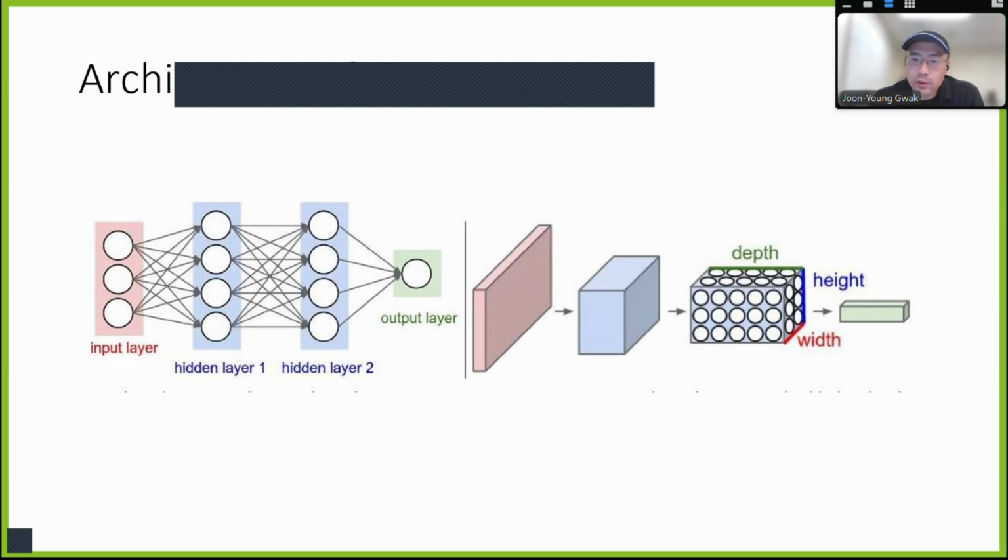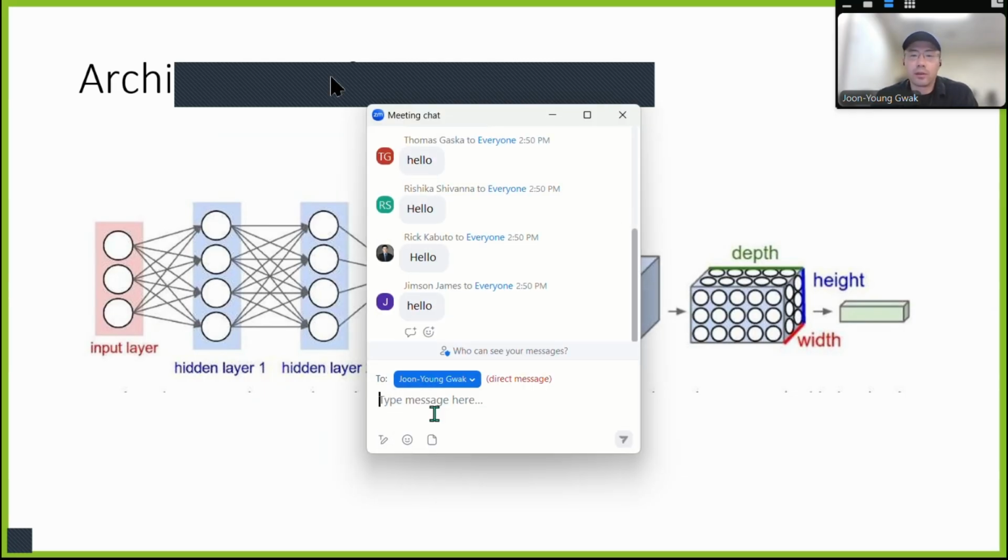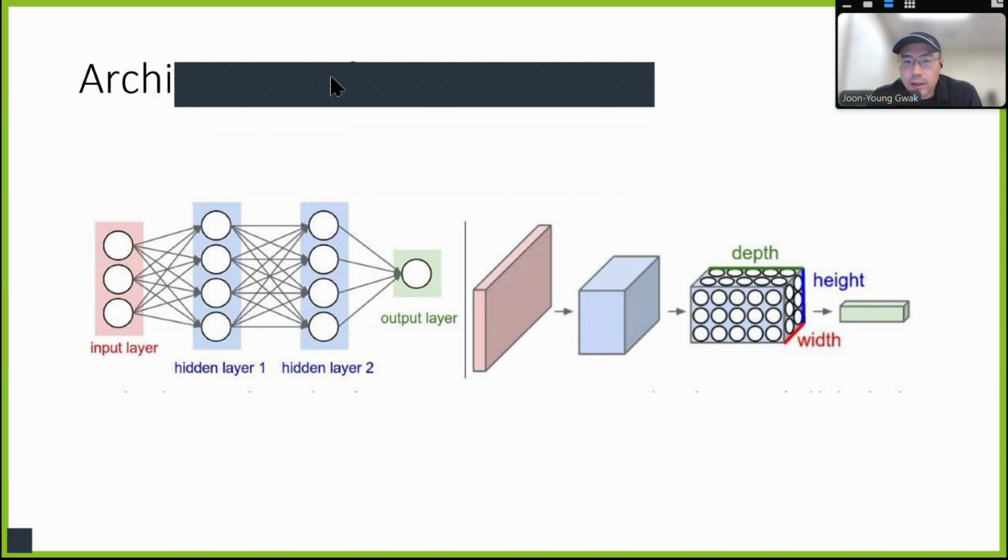What is the depth of the red cube, the input cube? Of course, we can see that after the next layer in the CNN, the blue cube is more condensed but deeper in depth. So this indicates that in the first layer, the CNN tries to learn the local regions, and then based on the understanding of the local regions, it expands.